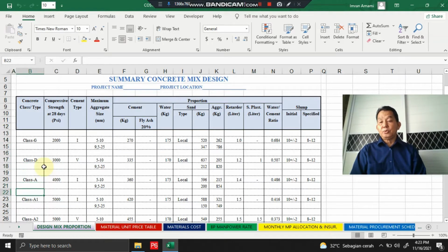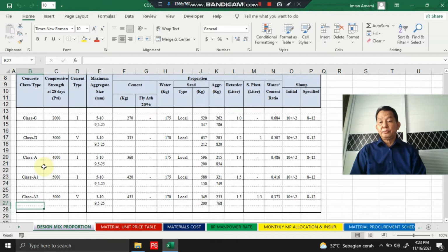This is the same also for other classes of the concrete. We have material proportion for each class.